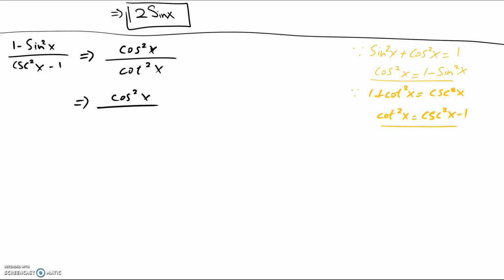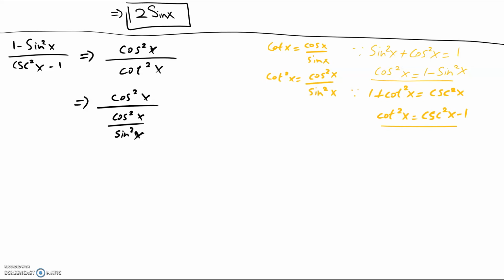Cos squared x over cot squared x is cos squared x over cos squared x over sin squared x, because we know the reciprocal identity, cot x equals cos x over sin x. Okay, and if you have squares, then these two values will also be squared. So you can use this identity.